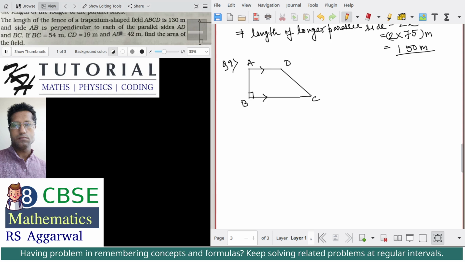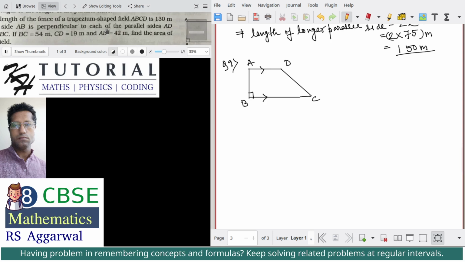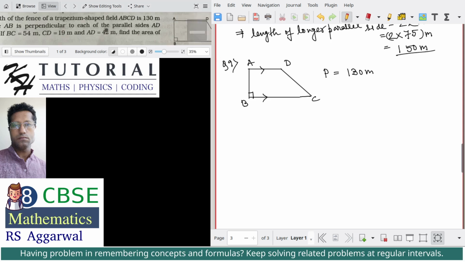The length of the fence of a trapezium shaped field ABCD is 130 meter. So this means that the perimeter, the length of the fence, whose shape is like the trapezium, is 130 meter. So perimeter is 130 meter. What else is given?